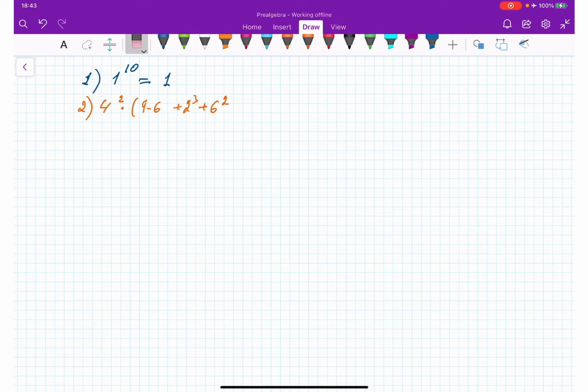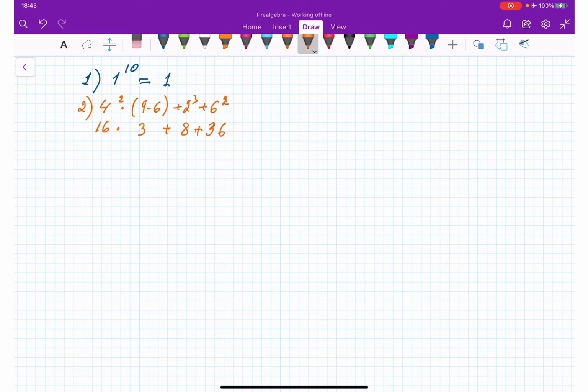Okay? So, 4 to the power 2 is 16, times 9 minus 6 is 3, plus 2 to the power 3 is 8 because 2 times 2 times 2, right? 6 to the power 2 is 36.